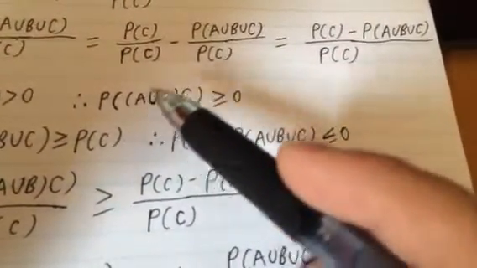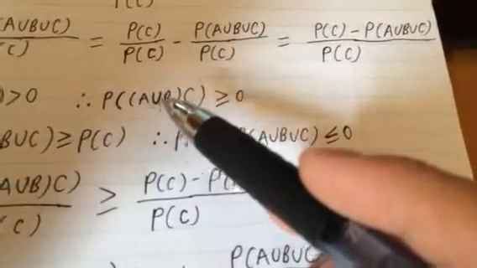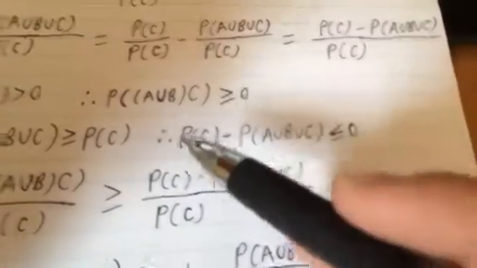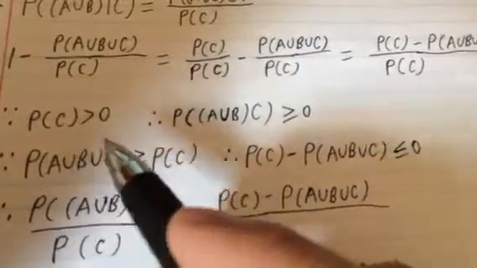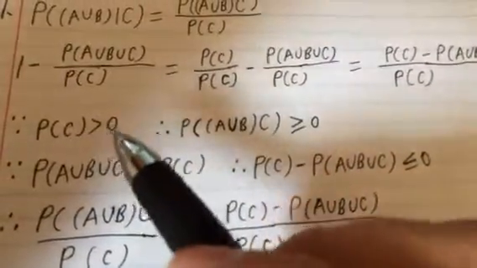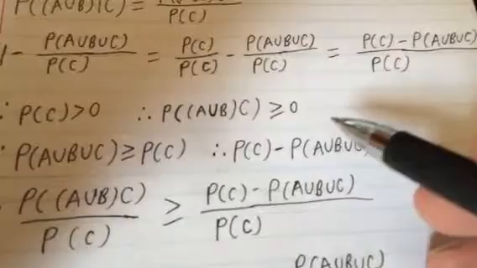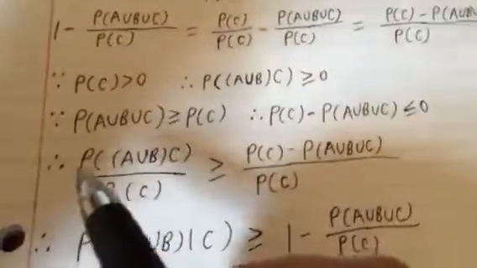But for other cases where the union of A and B is not 0, since the probability of C is bigger than 0, this thing could be bigger than 0. This is what we got for this one.